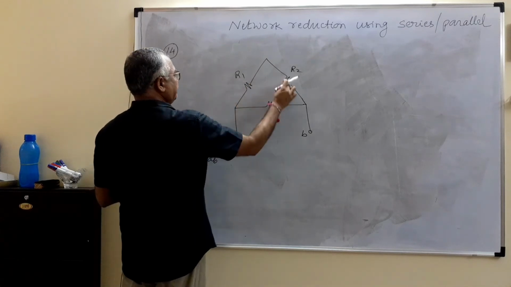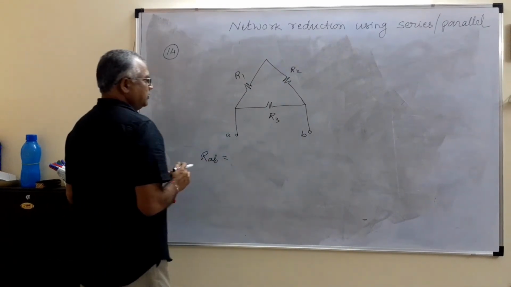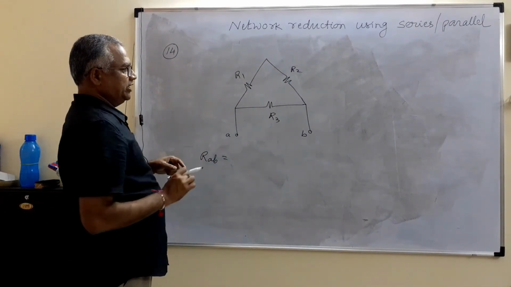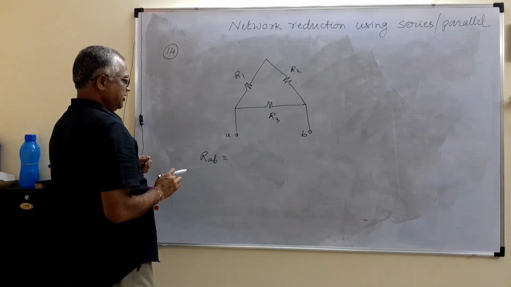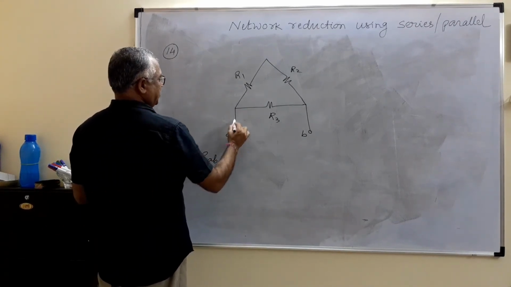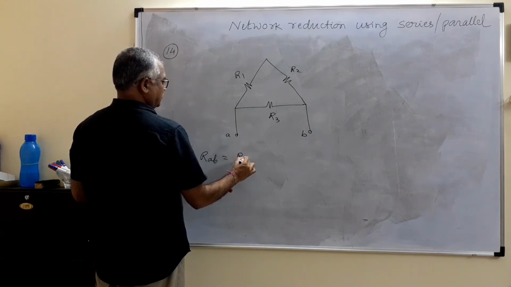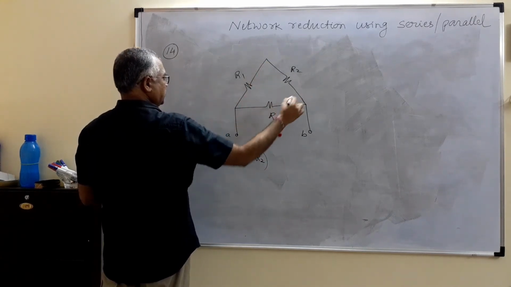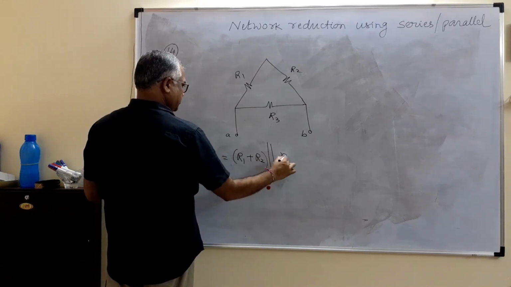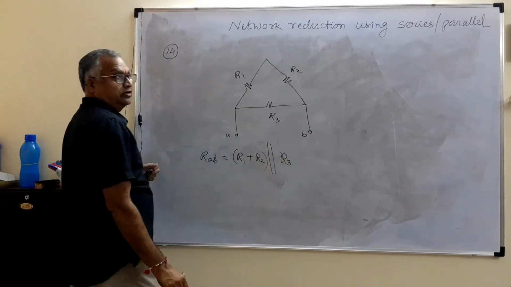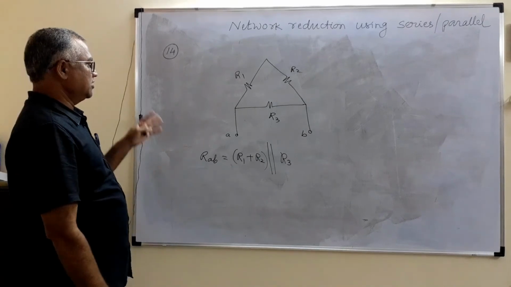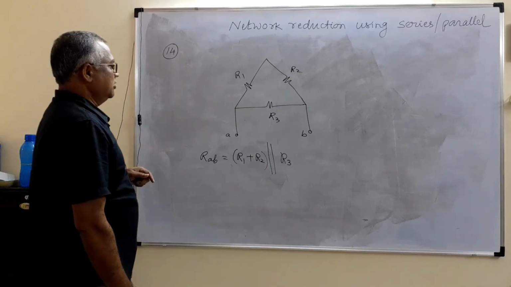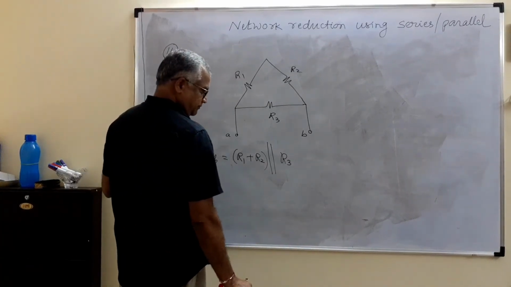Don't think these three will form a delta. Physically appearing like delta, but it is not a delta connection. Simply R1 plus R2, R1 plus R2 is parallel with R3. Don't think it is a delta, convert into star, all those things, not necessary.